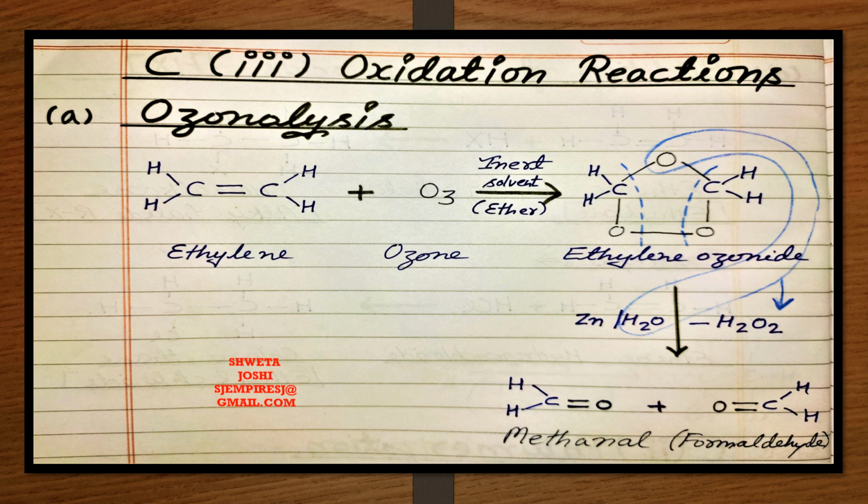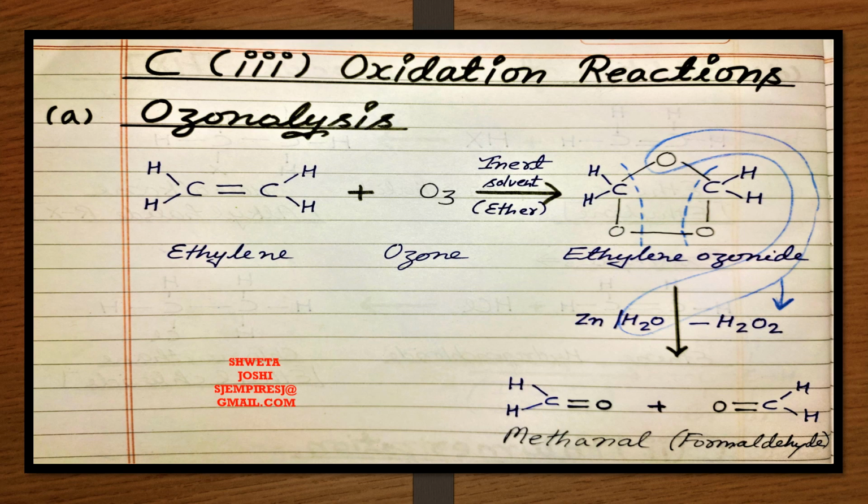This ethylene ozonide on further reaction with zinc in the presence of H2O gives methanal, which is commonly known as formaldehyde. In this reaction, H2O will combine with the oxygen attached to both the carbon atoms, forming H2O2.